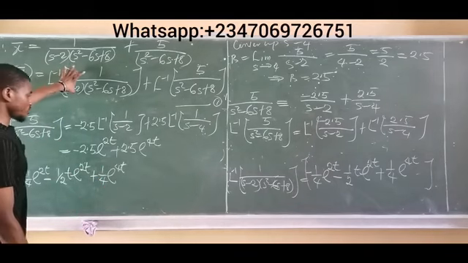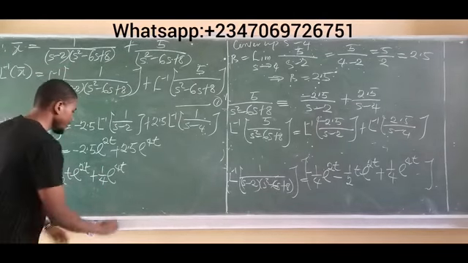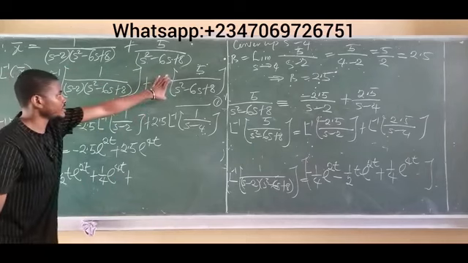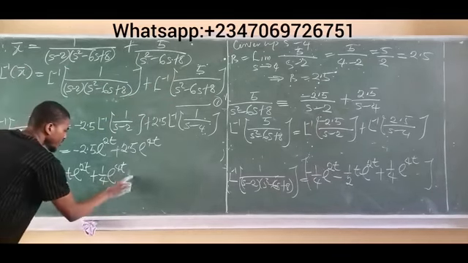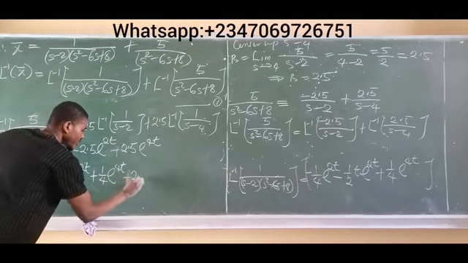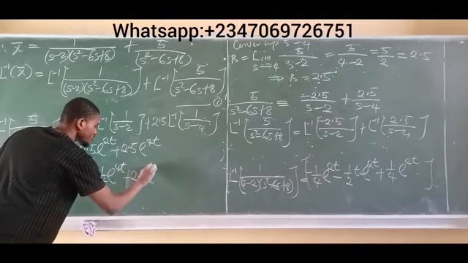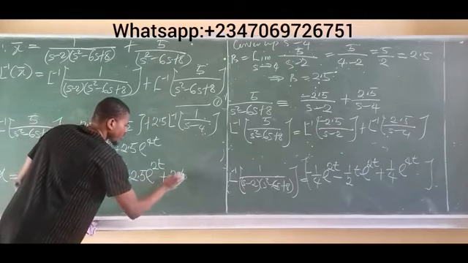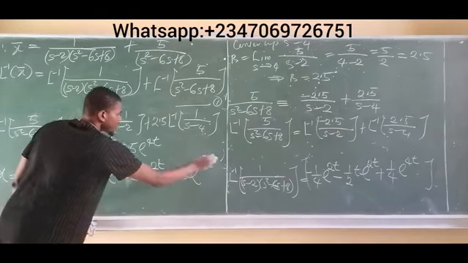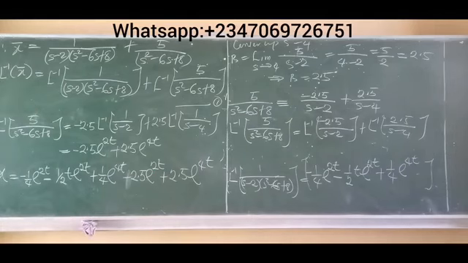That gives us the solution to this, plus the Laplace inverse of this function which we obtained here. In this case now we have minus 2.5 exponential 2t plus 2.5 exponential 4t. All right, so let's see if you can collect like terms.